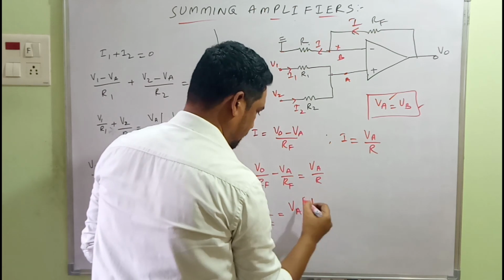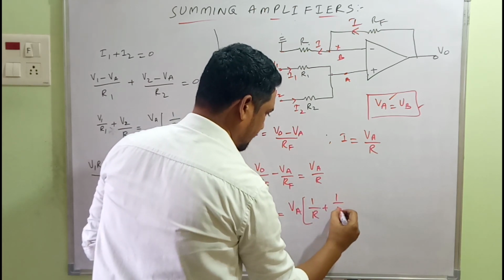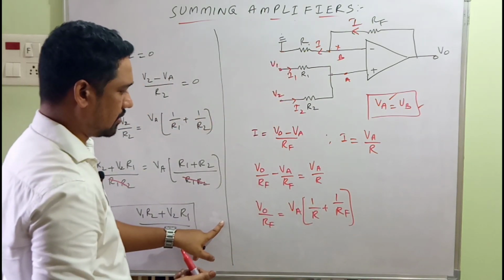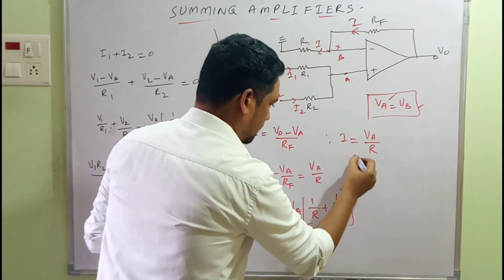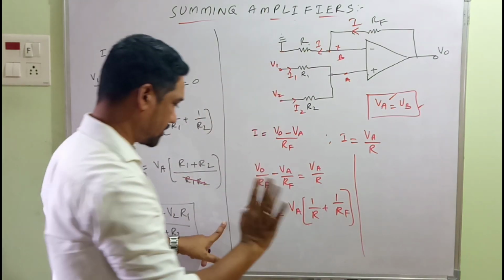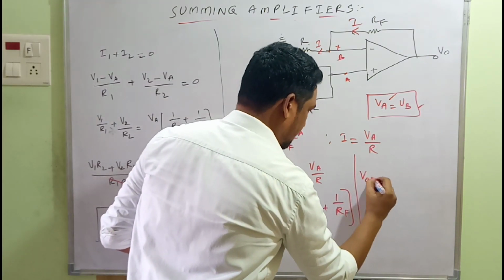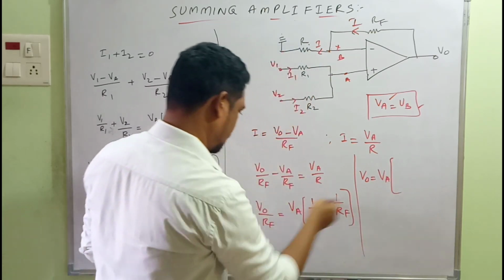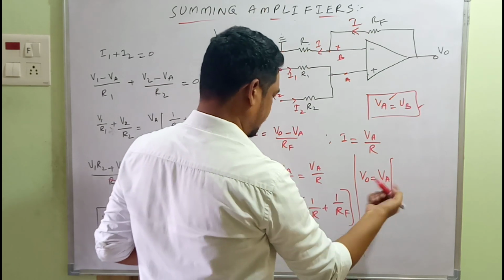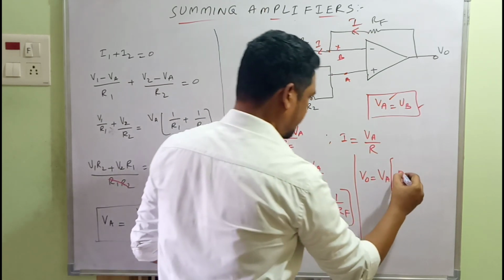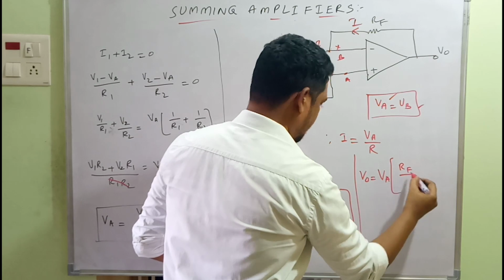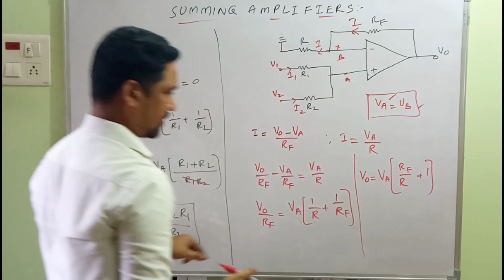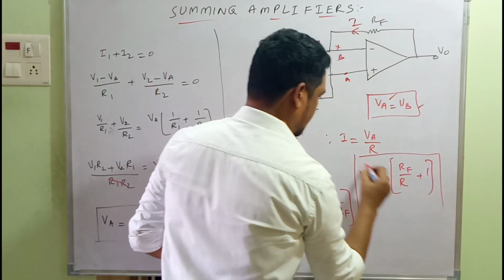That goes positive, so VA came out, we have 1 by RF. So this is the expression for V0 by RF. So finally, not yet finally, V0 will be equal to VA into, this goes that side, so we have RF by R plus 1, isn't it? So this is the expression for V0.